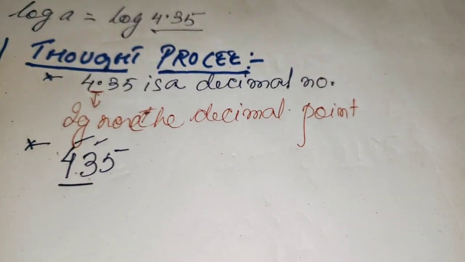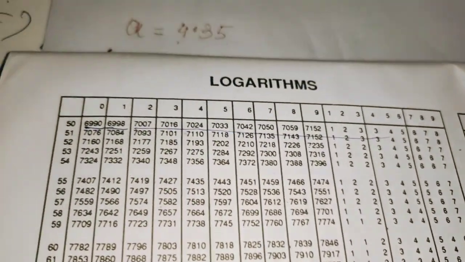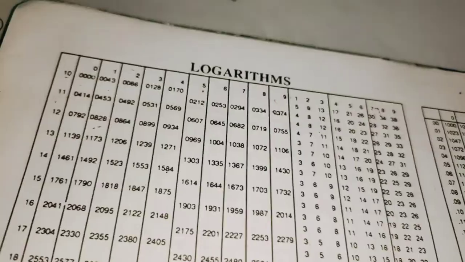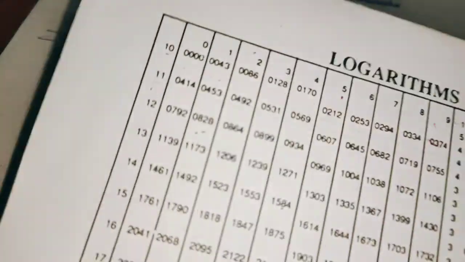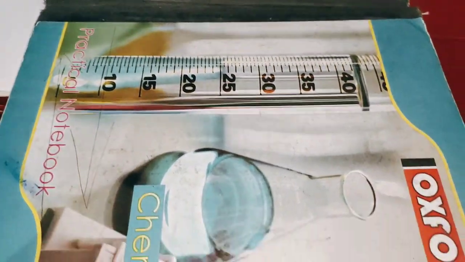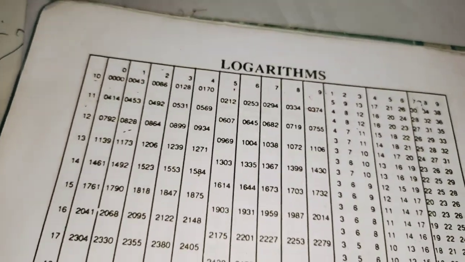So here I have the log table. As I already discussed, you can use the log table which is given with the practical copies like this. So this is my practical copy. The log table which is given along with the practical copy, you can use those log tables also.